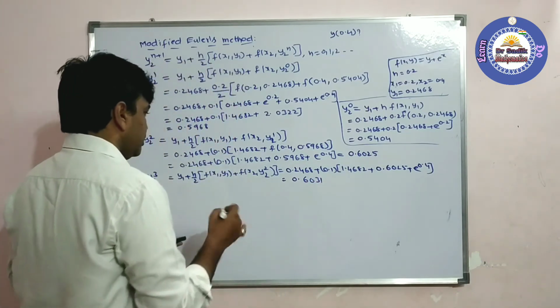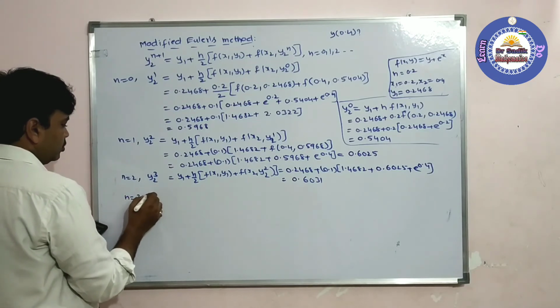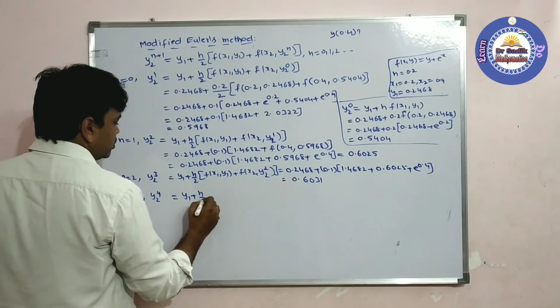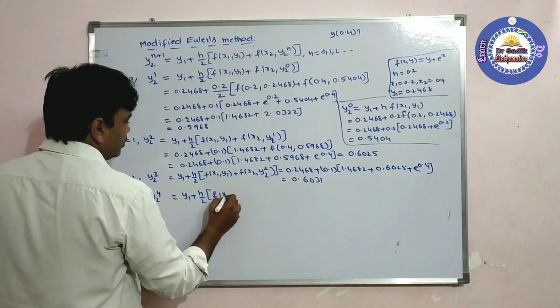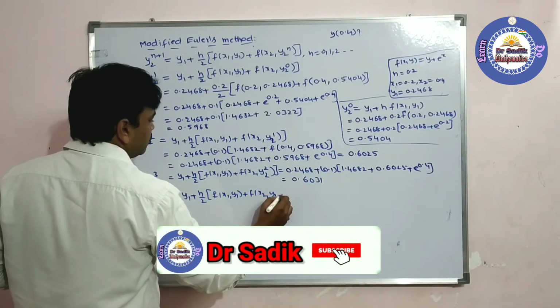So I think in the next step we can get the same value. N is equal to 3, we get here y2 power 4. So that is equal to y1 plus h by 2 f of x1 y1 plus f of x2 y2 power 3.